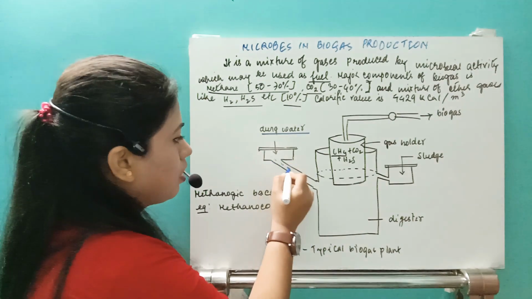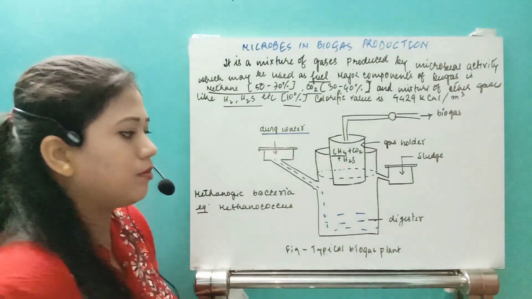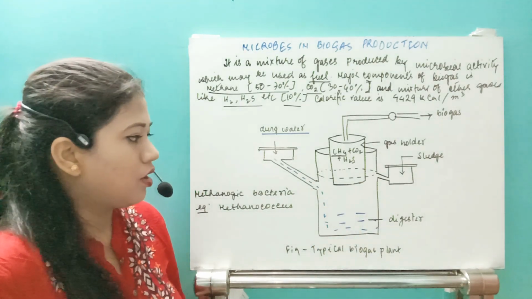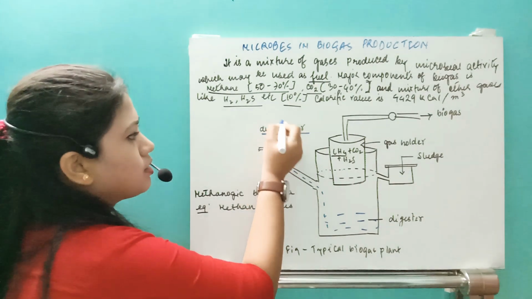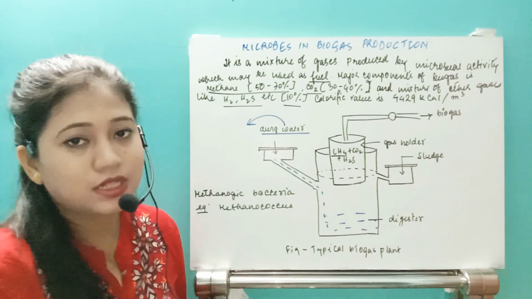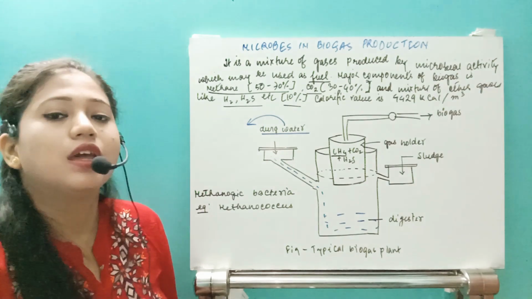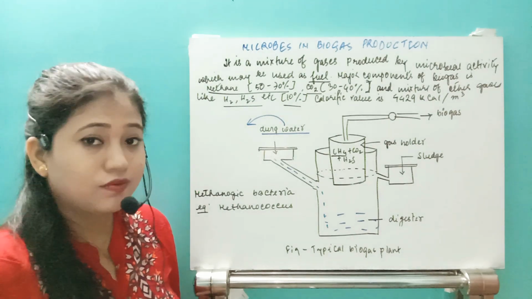The cow dung will accumulate at the bottom. First we should know what this cow dung actually contains. We know that ruminating animals like cow and goat have methanogenic bacteria in their digestive tract.